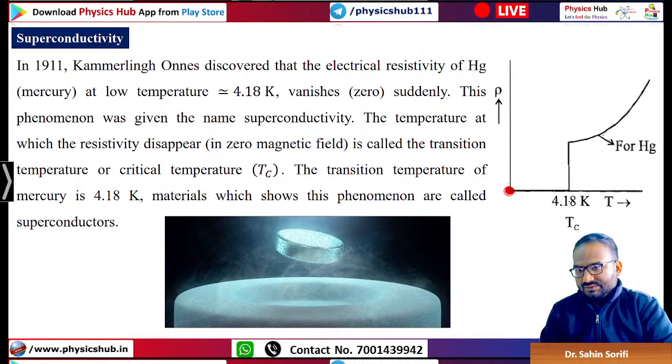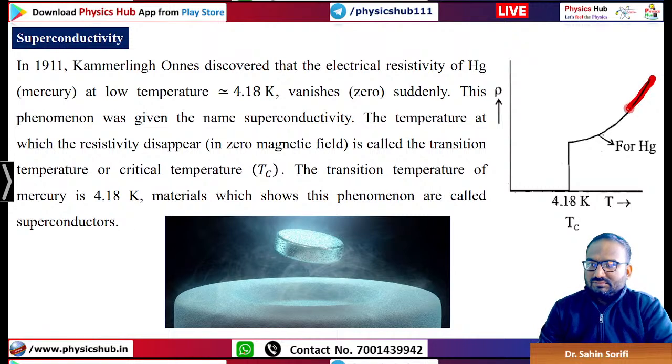If this is the 0 Kelvin temperature, now when you are coming from this to this, you are slowly decreasing the temperature. At higher temperature the resistivity is like this, and if you keep on decreasing the temperature, at a point of 4.18 Kelvin, you see the resistivity suddenly drops. So at low temperature around 4.18 Kelvin, the resistivity vanishes suddenly.